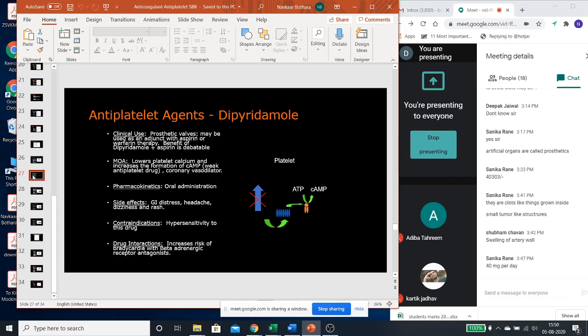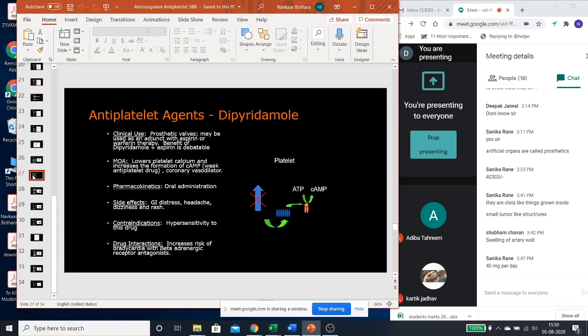So these drugs act on the ADP mechanism. It lowers platelet calcium and increases the formation of cyclic AMP. So it is a weak antiplatelet drug. It can cause vasodilation, particularly coronary vasodilation, but the drug is not preferred in angina. Last year we have seen it.